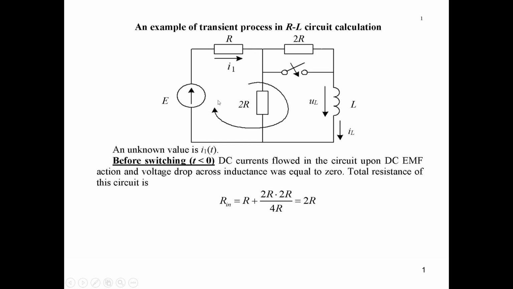So we should replace EMF and current sources by their inner resistances. The inner resistance of an EMF equals 0. So for this we should just remove this circle, and we will have just a short circuit. Remove, I mean mentally, of course.